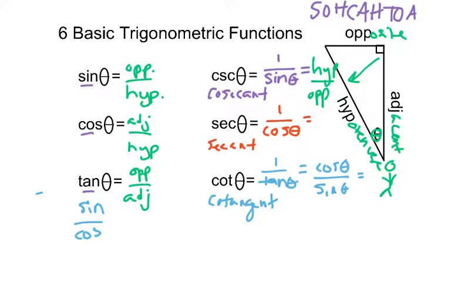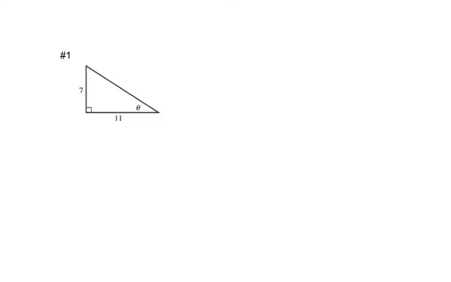Secant is going to be the flip of cosine, so it's hypotenuse over adjacent. And then our cotangent is going to be the flip of tangent, so adjacent over opposite. Alright, so those are our 6 basic trig functions. So anytime they're talking about evaluate the trig functions or find all of them, which is what the next one is going to be, that is what we're going to do.